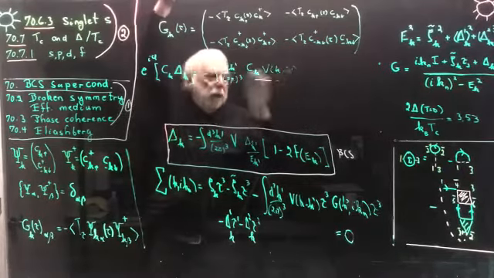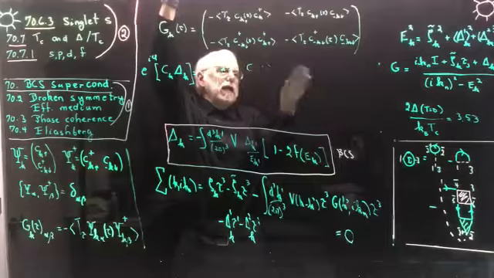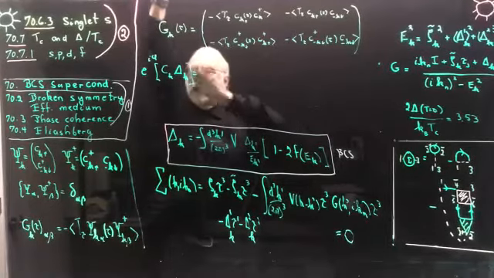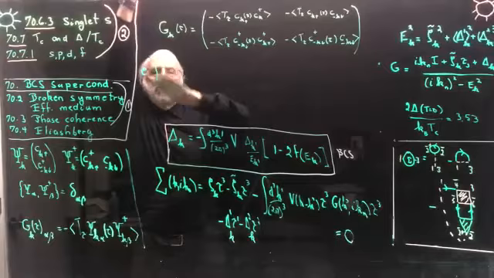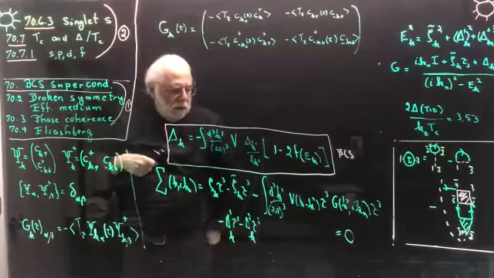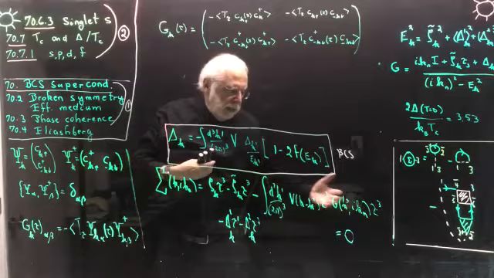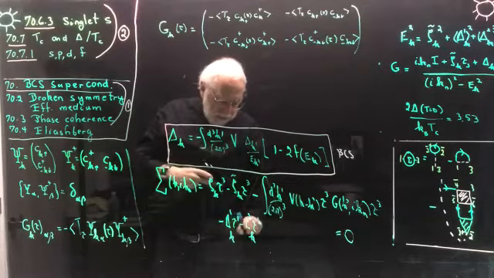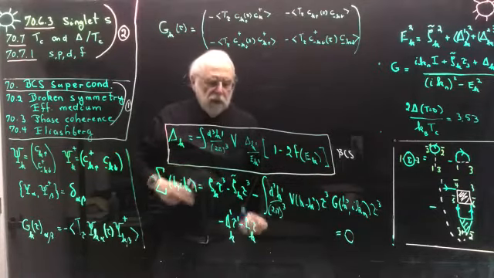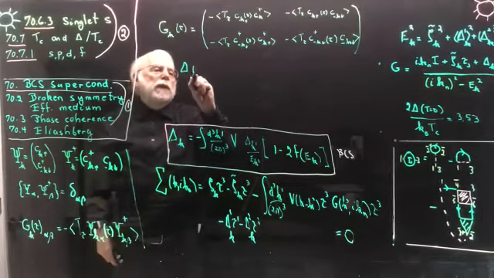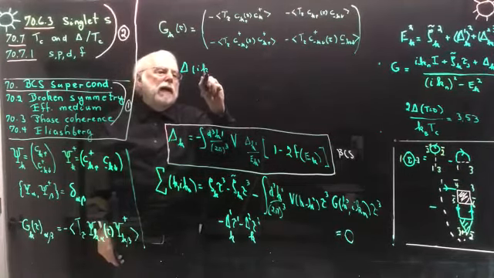So Eliashberg theory is in practice complicated to solve. I won't do that, but in principle it is not very complicated. You just do exactly what I did here, but then you allow this gap to be frequency dependent, ik_n.